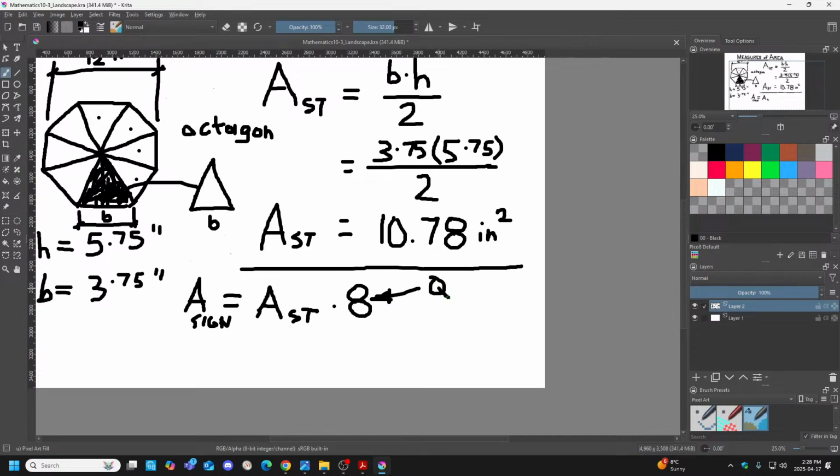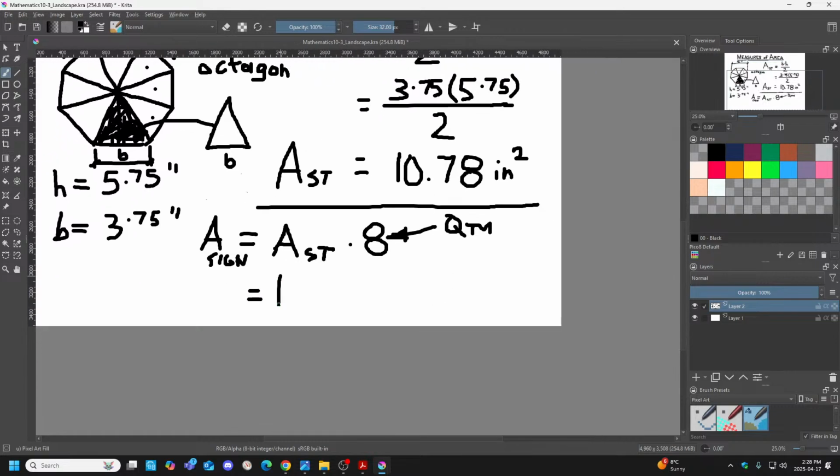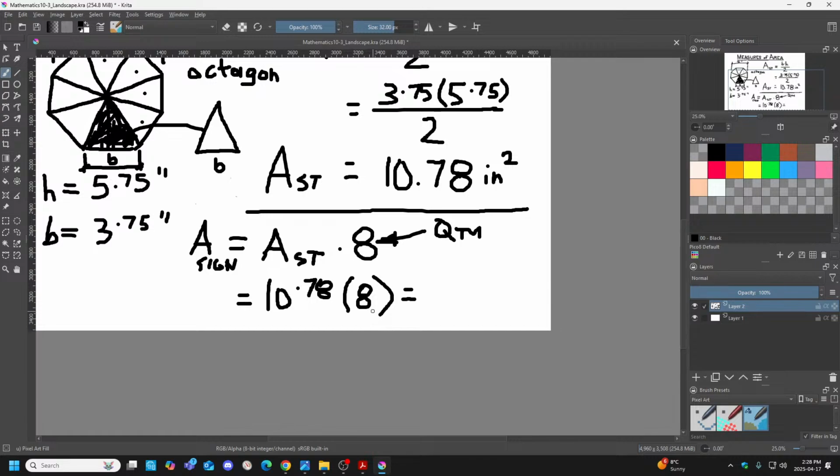This is the quantity. Which equals 10.78 multiplied by 8, which gives us a value greater than 80 because 8 times 10 is 80.